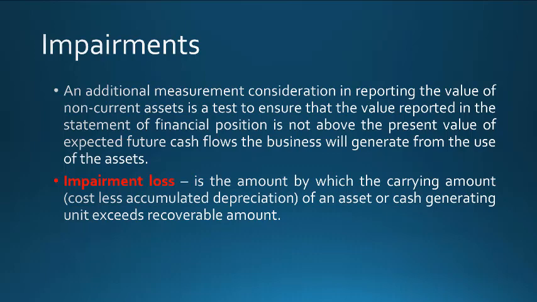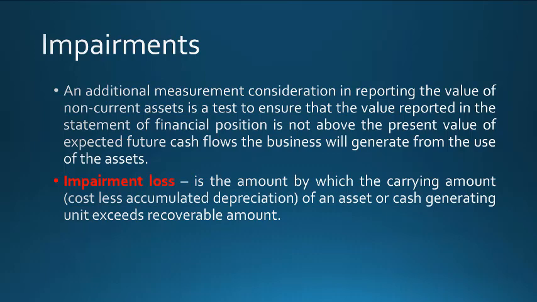It says here that impairment loss is the amount by which the carrying amount of an asset or cash generating unit exceeds the recoverable amount. So in this case, we're trying to figure out what will be the expected future cash flows for this asset. Will that be enough, or will that be the same with or more than our recorded carrying amount?